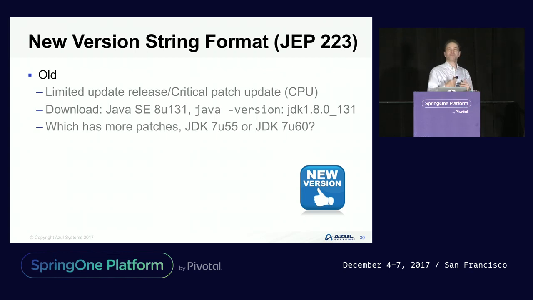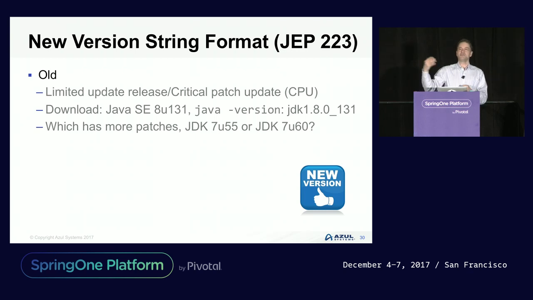Because when we started off with Java, we had Java 1.0. OK, very logical. Then we got Java 1.1, which really should have been Java 2. But OK, it was 1.1. Then you got 1.2, but it was actually Java SE2 version 1.2. Then you got 1.3, 1.4, 1.4.1, 1.4.2, and then we got Java 5. So we missed out a whole bunch of numbers, and then we got Java 5.